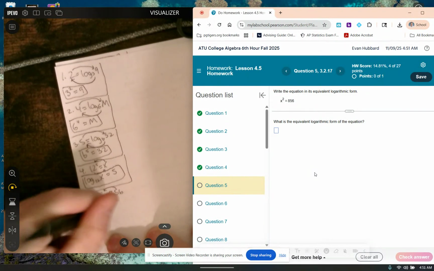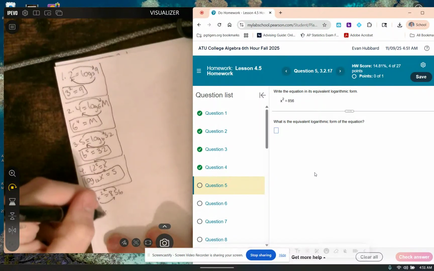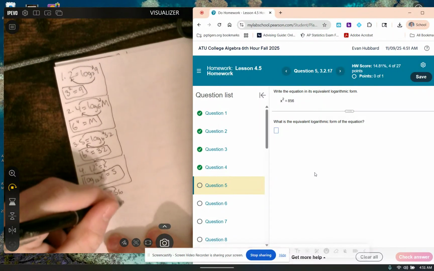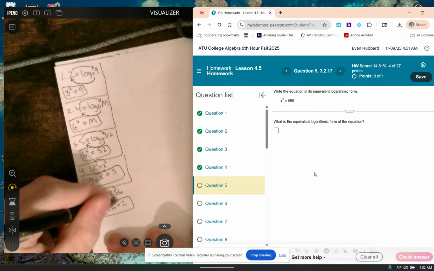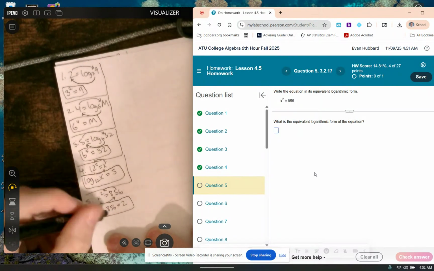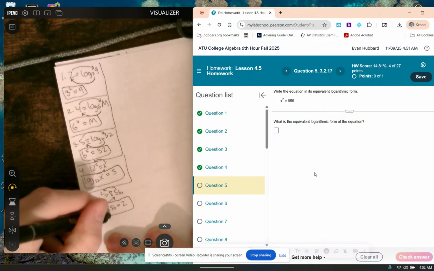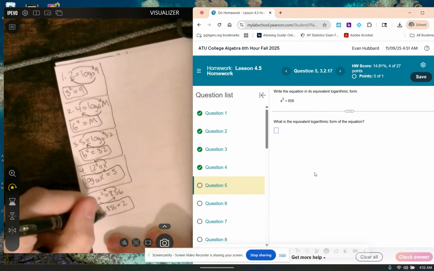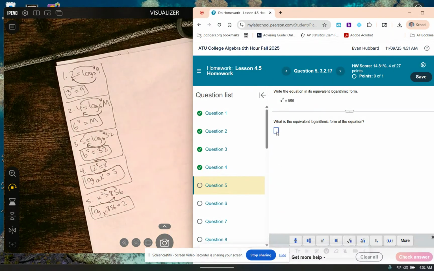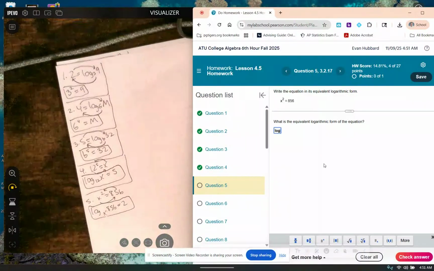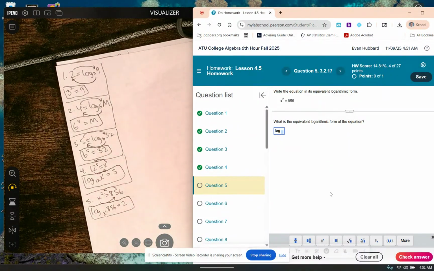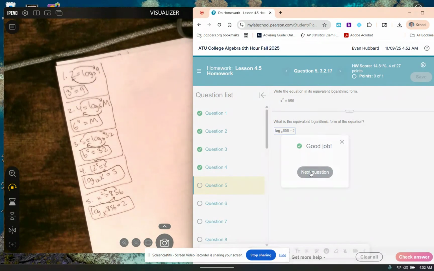Sorry about that. 856 equals 2. So log base x of 856 equals 2. Okay, get this little subscript button there.